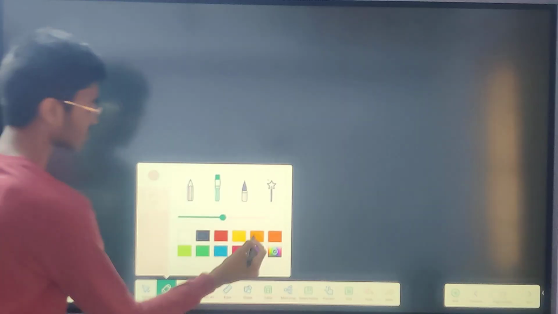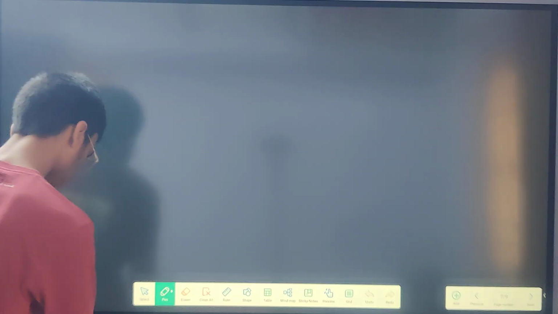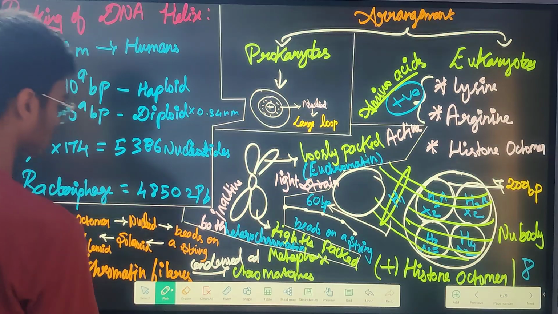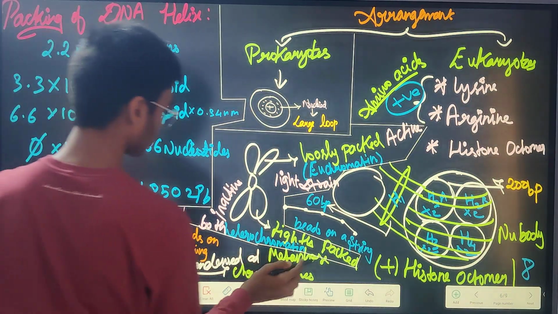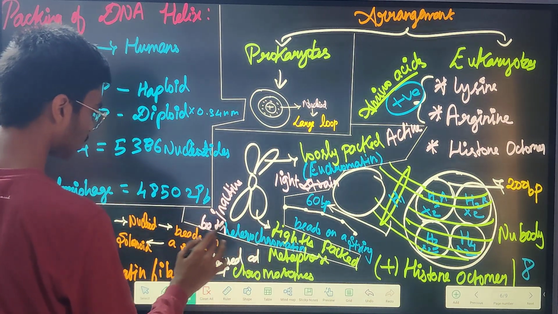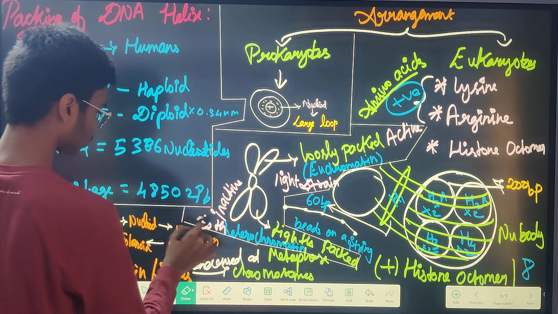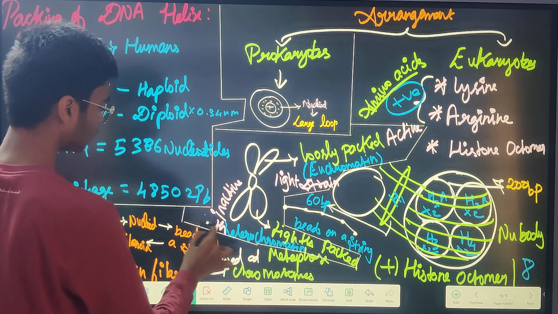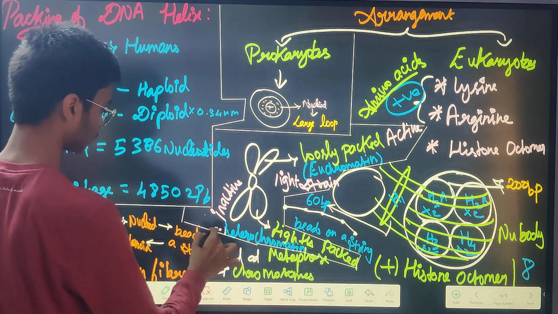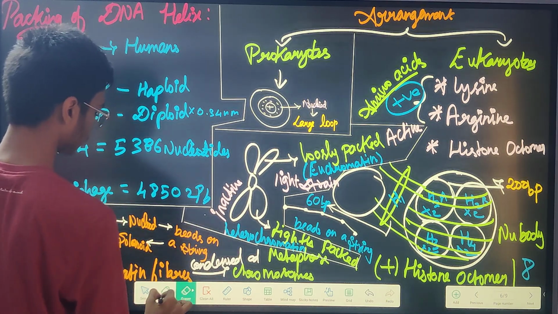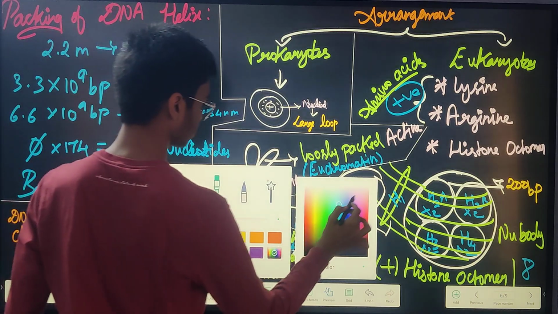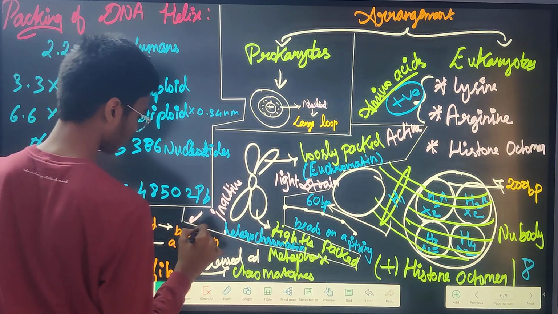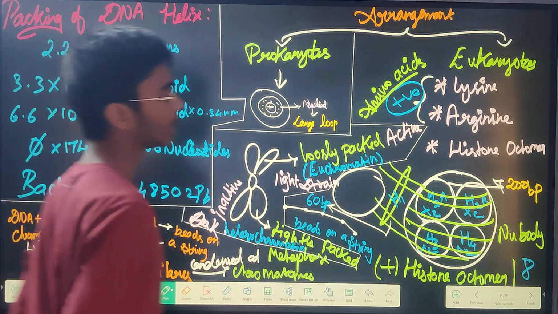Then from here it starts. So here the stains will be dark. Here it is not both. Here only dark stain is there. Okay, only dark stain is there.